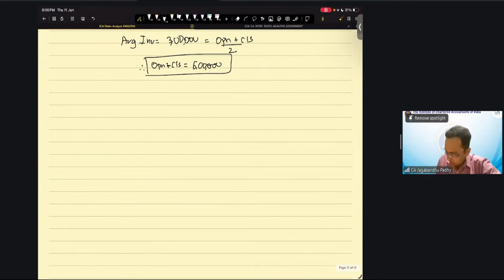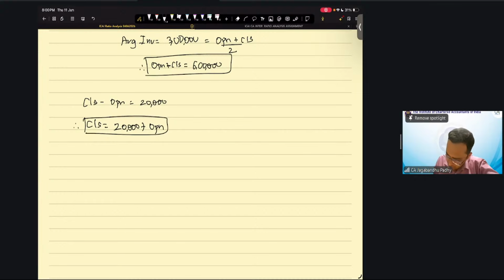So closing inventory minus opening inventory is 20,000, which means closing inventory is 20,000 plus opening inventory.